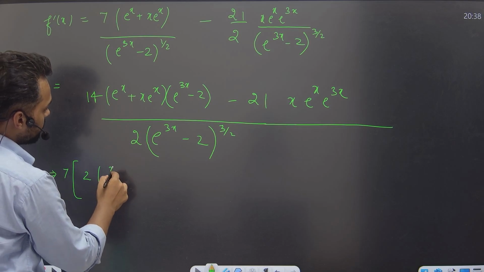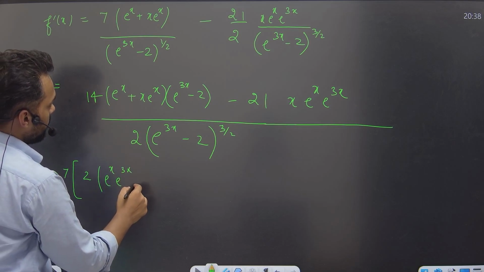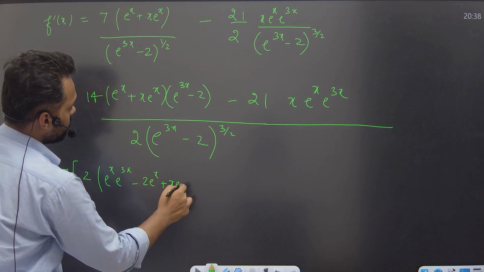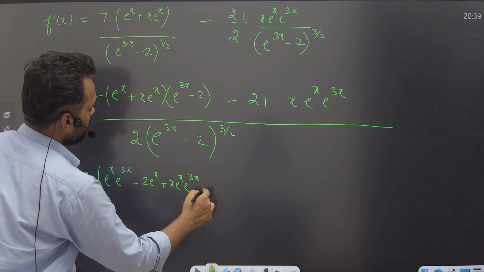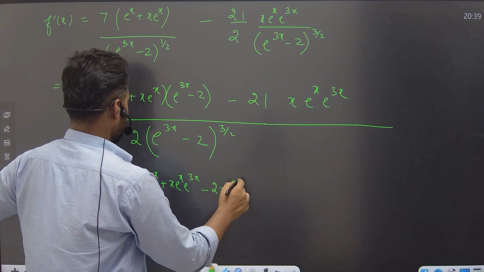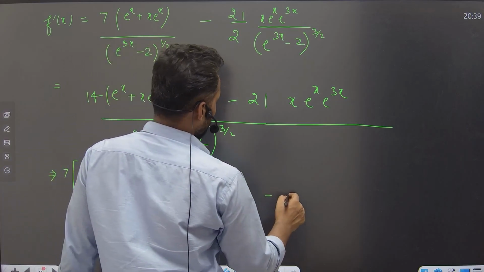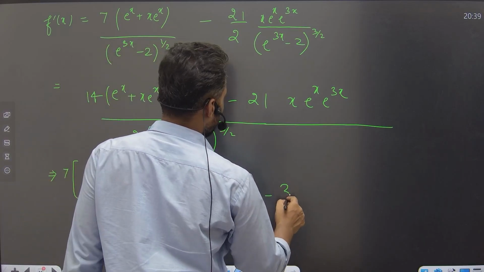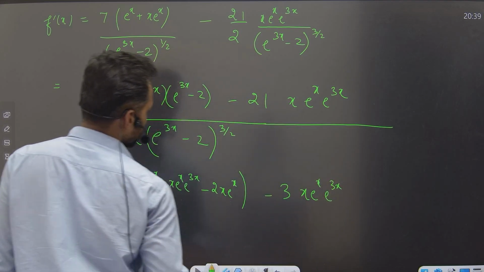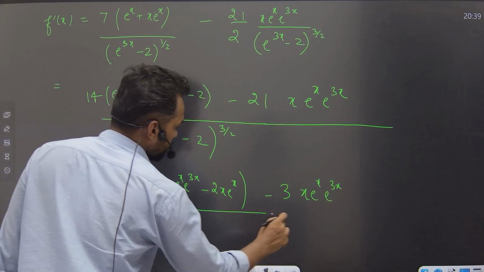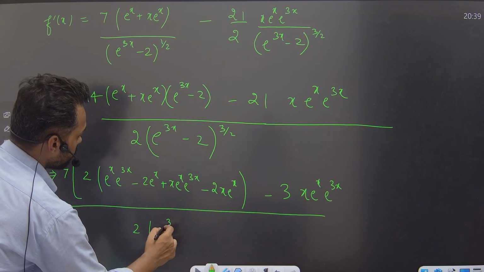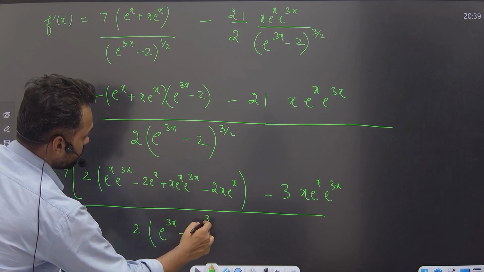E raised to the power x, e raised to the power 3x, negative of 2 e raised to the power x plus x e raised to the power x, e raised to the power 3x, negative of 2 times x e raised to the power x, negative of 7 we have taken common, so you will get 3 times x raised to the power ex, e raised to the power 3x. In the denominator, student, the same part will be written: 2 times e raised to the power 3x negative of 2 power 3 by 2.